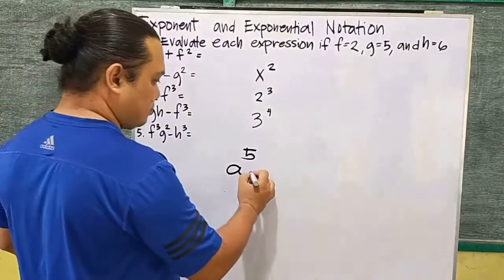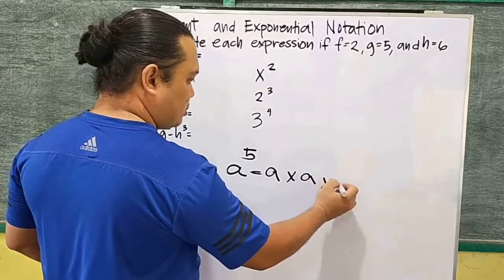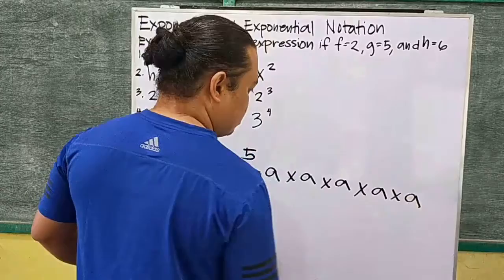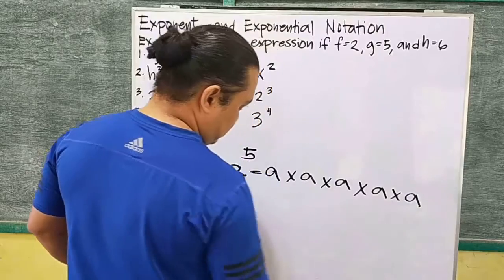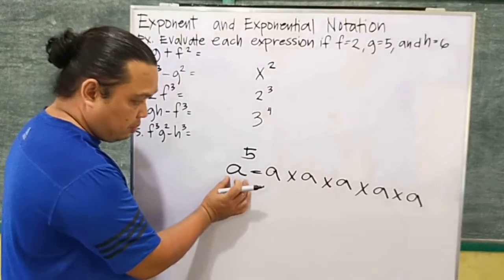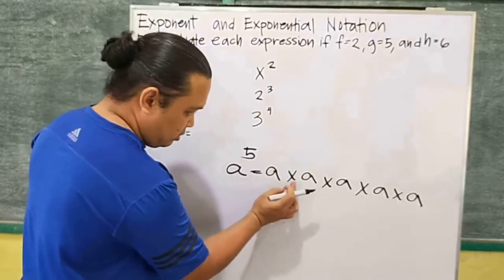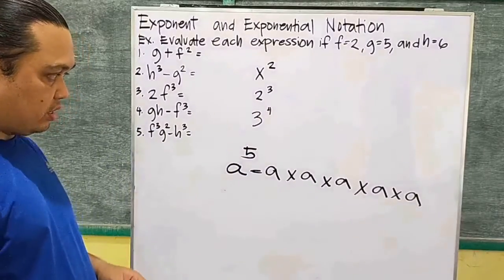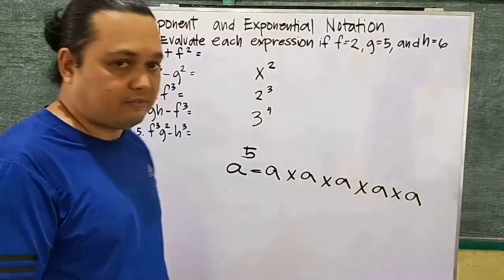So the result would be a times a times a times a times a. How many a? 1, 2, 3, 4, 5. So we evaluated a raised to the power of 5 as a multiplied by itself 5 times.